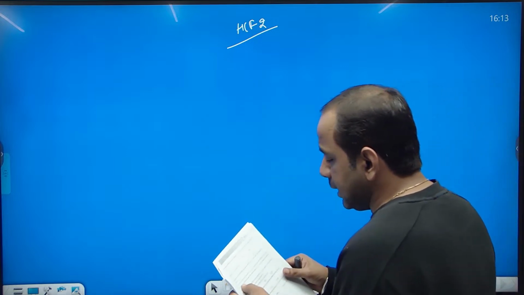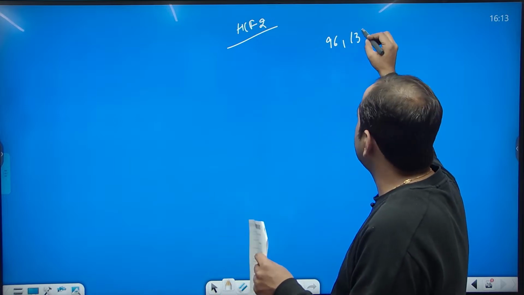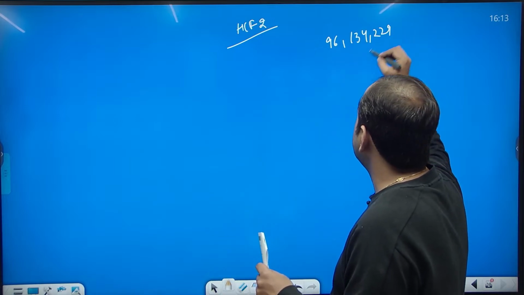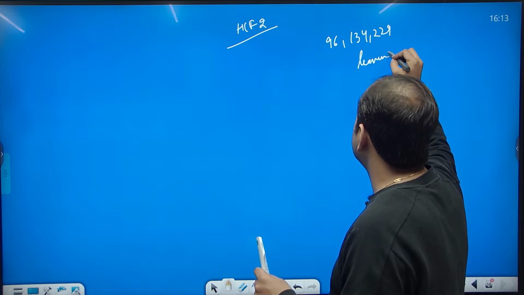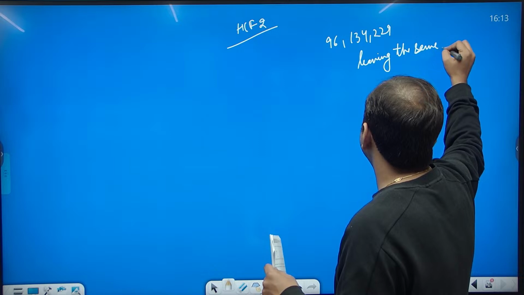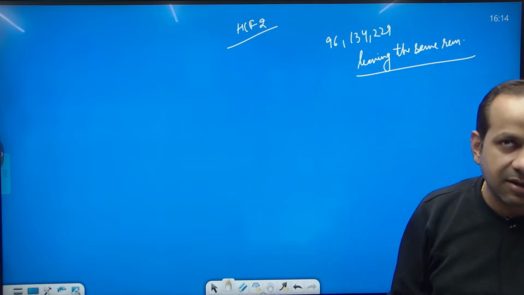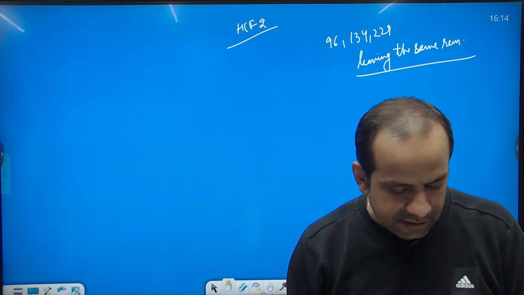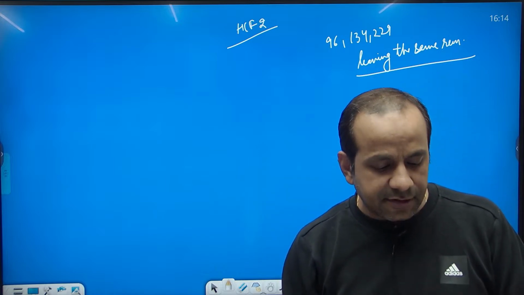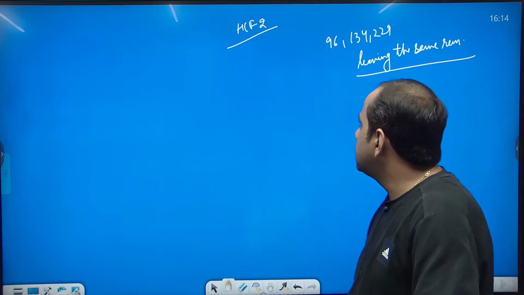You have to find the greatest number which divide 96, 134 and 229 leaving the same remainder. And what is the remainder that is not given to you? You have to find the largest number which divides 96, 134 and 229 leaving the same remainder in each case.